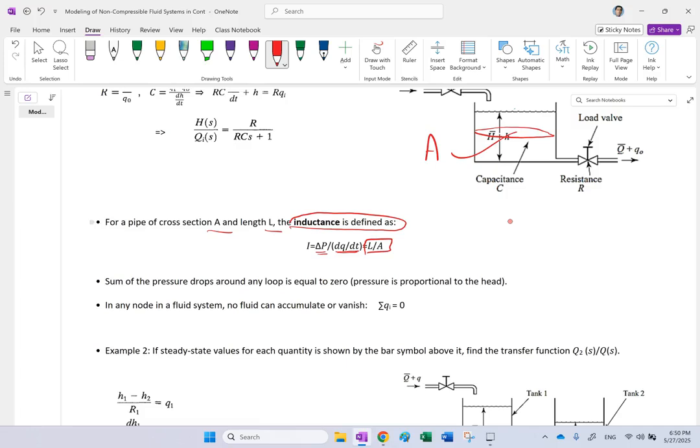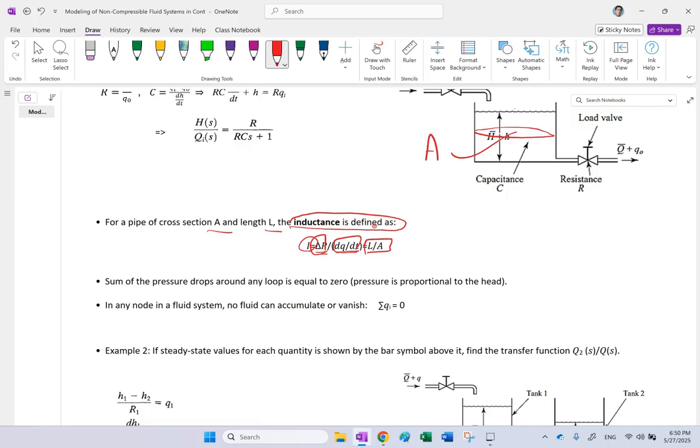So the inductance for a section of a pipe is L over A. Clearly, the bigger the L and the smaller the A, the bigger the inductance, and inductance is similar to inertia. That means a pipe does not like you to change the flow rate in it. If you do, it is going to give you resistance, a pressure drop.